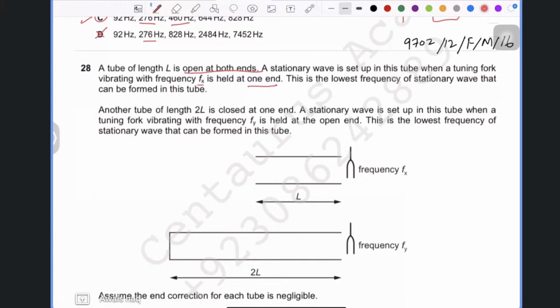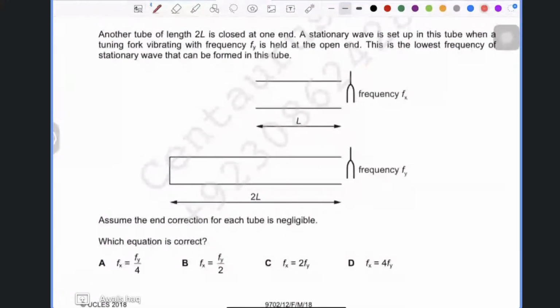So what I'm going to do next is answer which equation is correct. Now please understand this. We have length L here and length 2L here. First of all, for two ends open, we know the frequency formula is V times n over 2L, where n is 1, 2, 3, 4 and so on. Whereas in this one, frequency is V times n over 4L, where n is 1, 3, 5, all odd numbers.